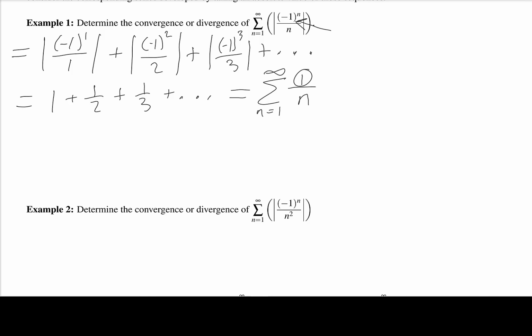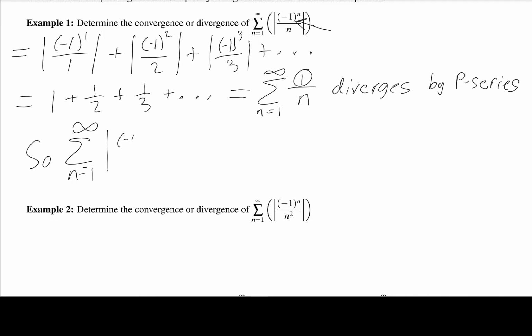Well, we know that this diverges by our p-series. So what we started off with, the sum from n equals 1 to infinity of the absolute value of negative 1 to the n over n, diverges.